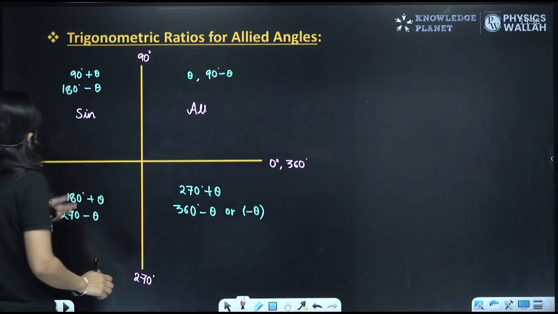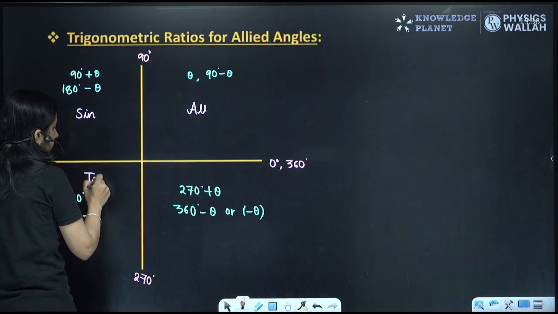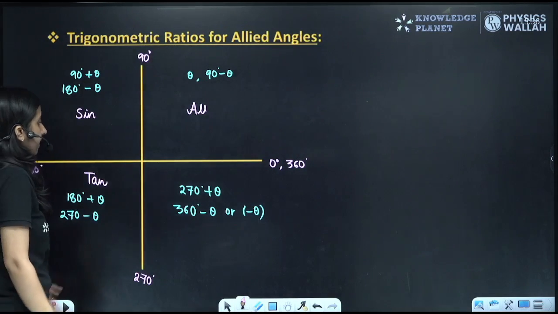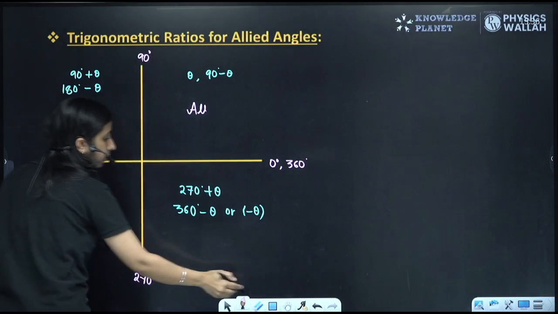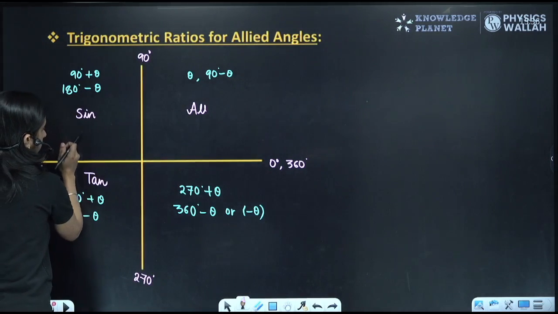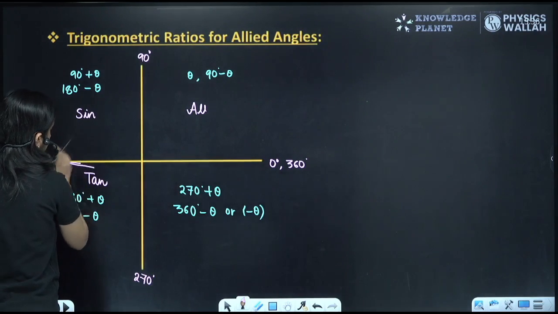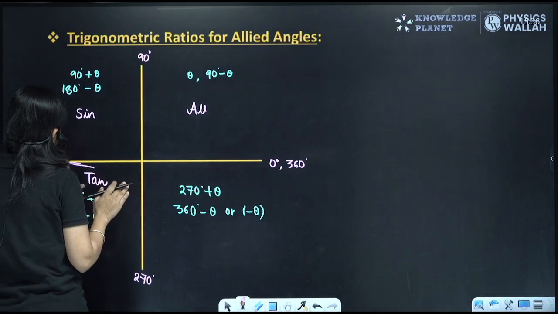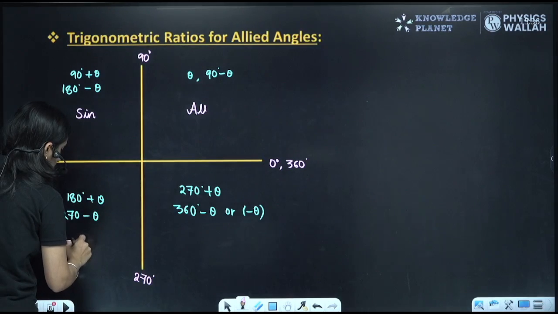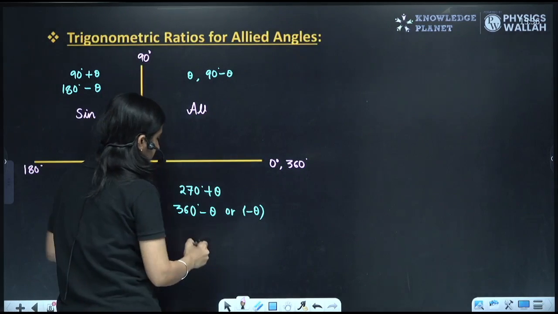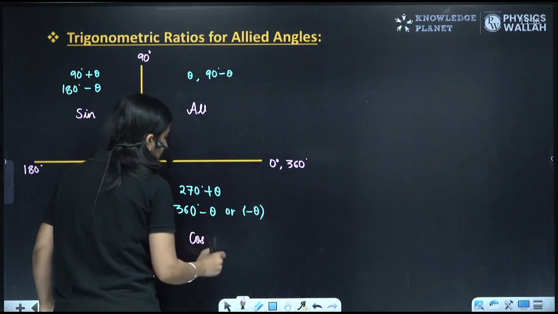From 180 to 270, tan is positive, and from 270 to 360, cos is positive.